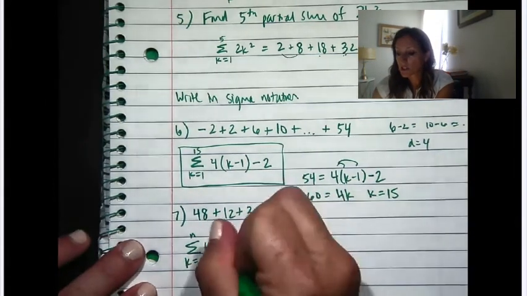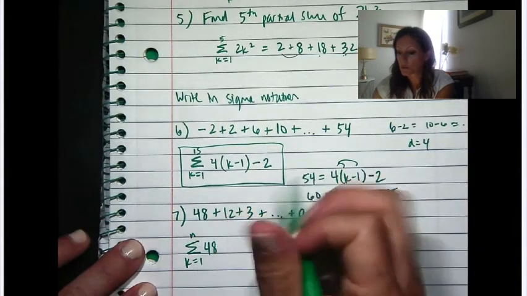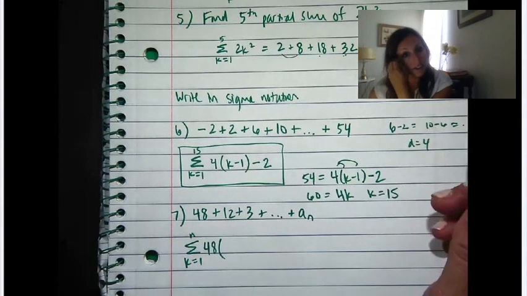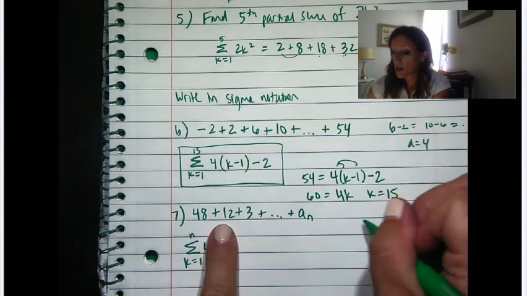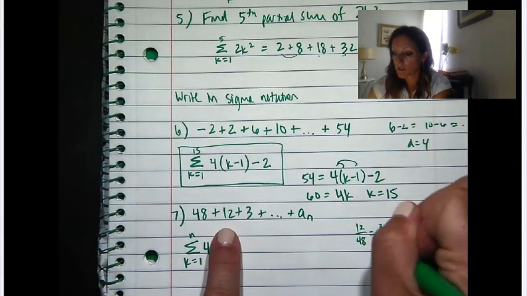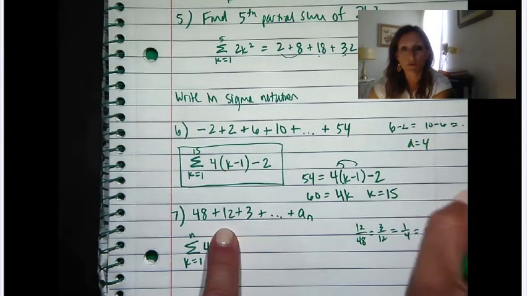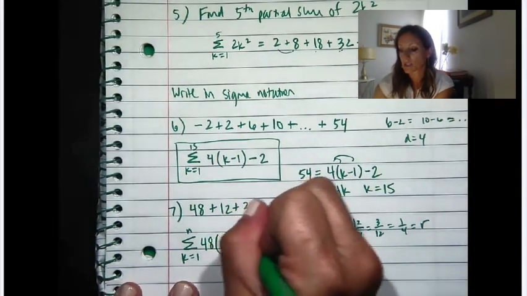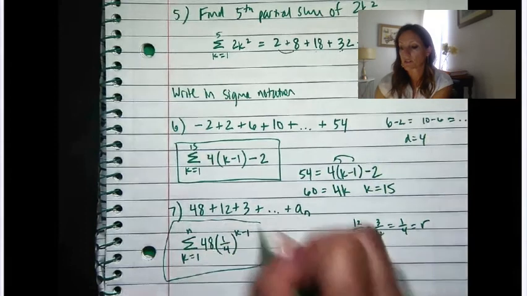Next to that sigma notation, I'm just going to put the explicit rule. I'm skipping ahead a little, but I'm hoping you recognize this kind of sequence is geometric. There is a common ratio. 12 divided by 48 is the same as 3 divided by 12. So I know the common ratio is 1/4. That becomes the base to the k minus 1th power. And there is our sigma notation.